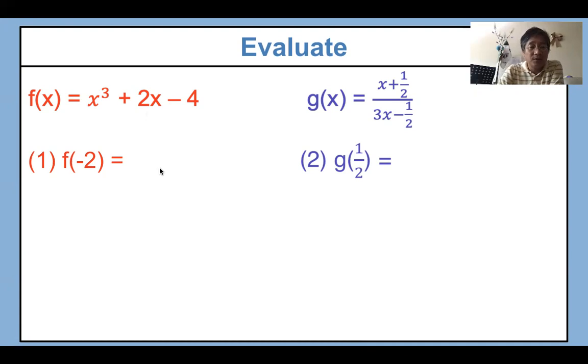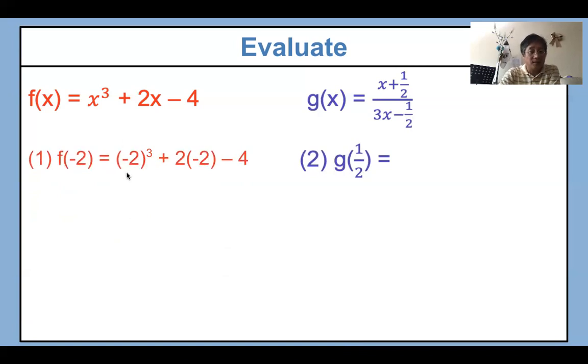So how do you do it? Like this. Use the parentheses. Negative 2 to the third power within parentheses, plus 2 times parentheses negative 2, minus 4. If you put exactly like this in the calculator, you will get the right answer.